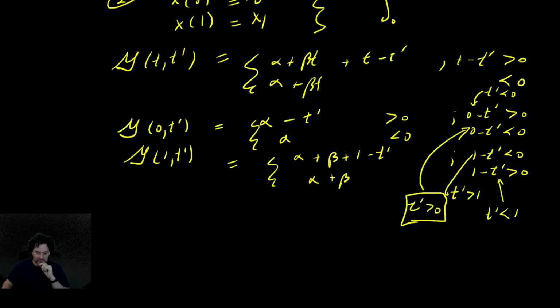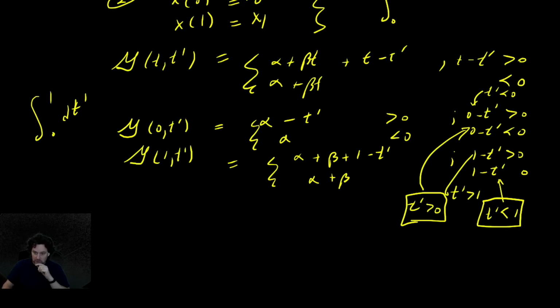Oh, and I see what's going on here. That is backwards. So 1 minus t prime greater than 0 is t prime is less than 1. So we have two constraints here that we care about that are all within the integration range 0 to 1 of dt prime.